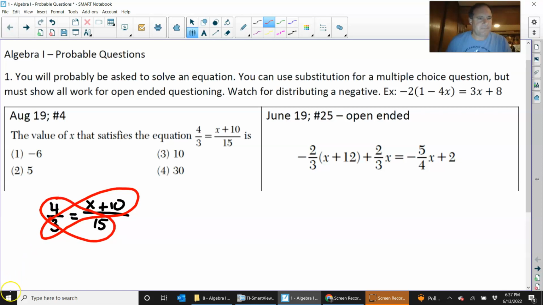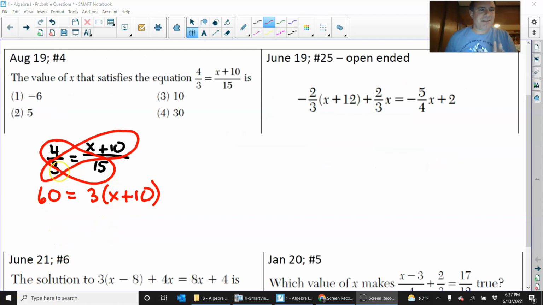Once you cross multiply, you set it up 3 times x plus 10. It's the whole thing. And then you just distribute like this, and it is 3x plus 30 equals 60. You subtract 30 on each side.